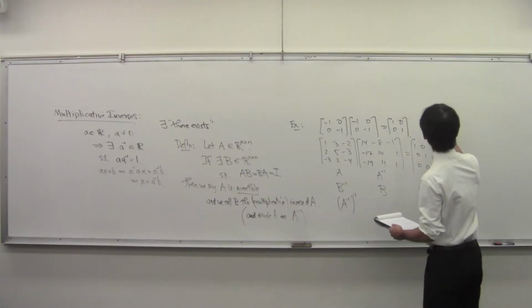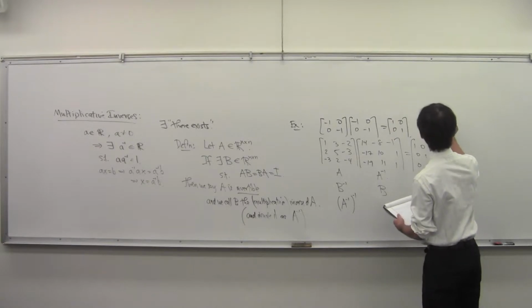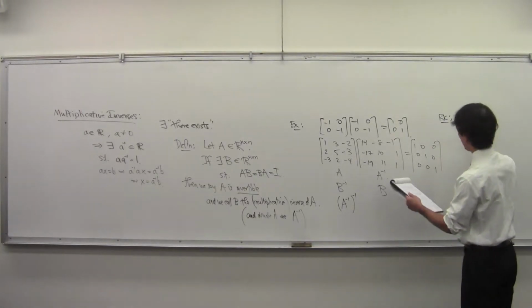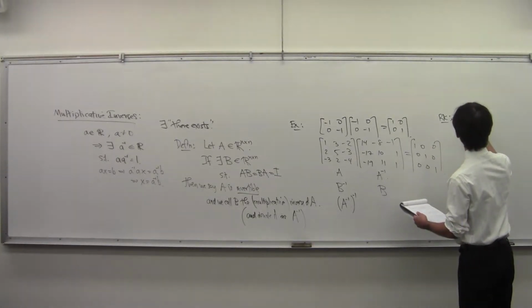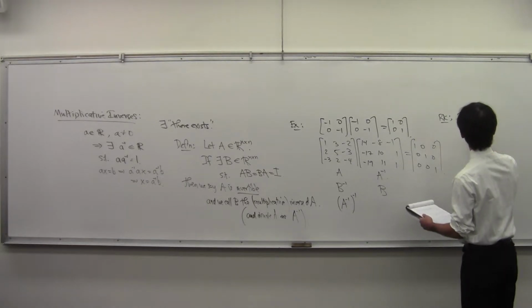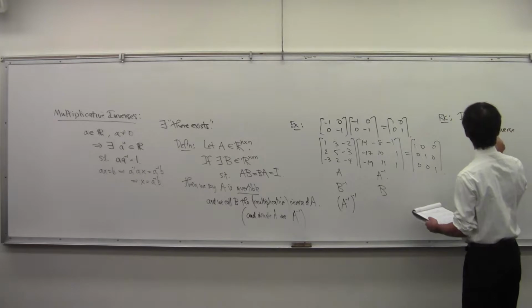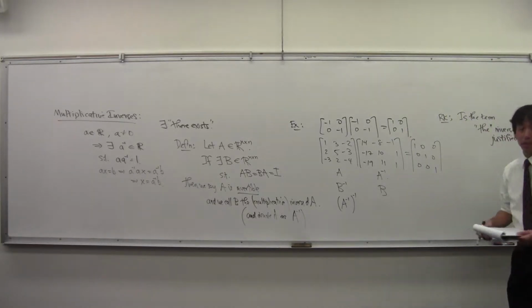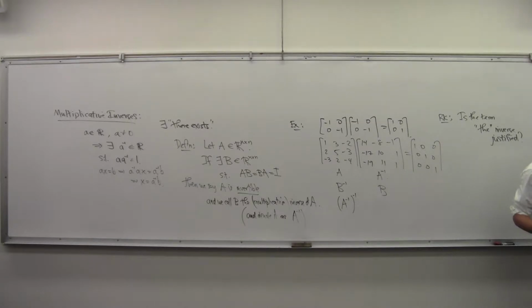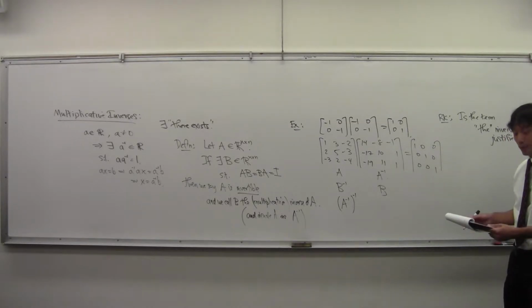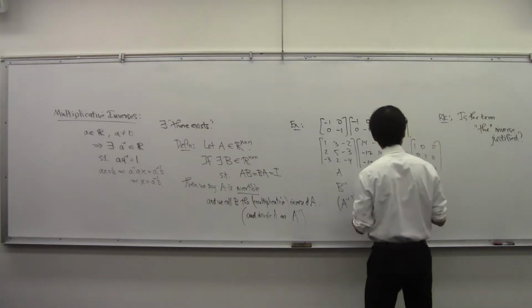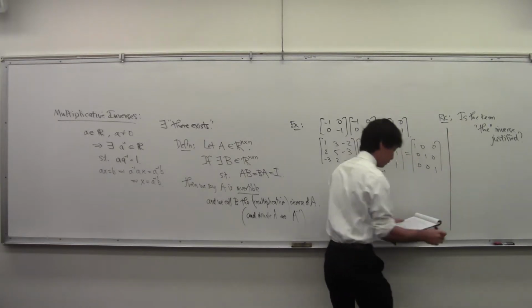Okay, so one small comment is the term the inverse justified. We call it the inverse. Is there only one inverse? It turns out that there can be only one.